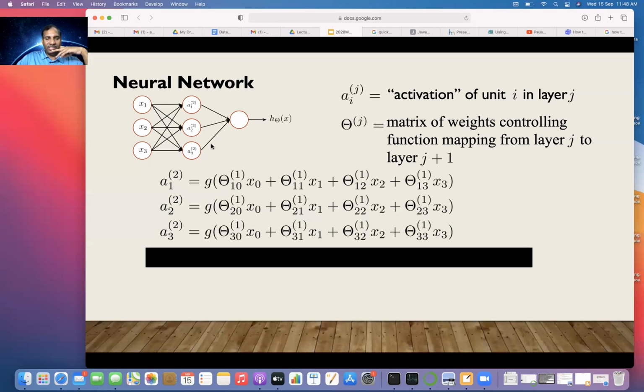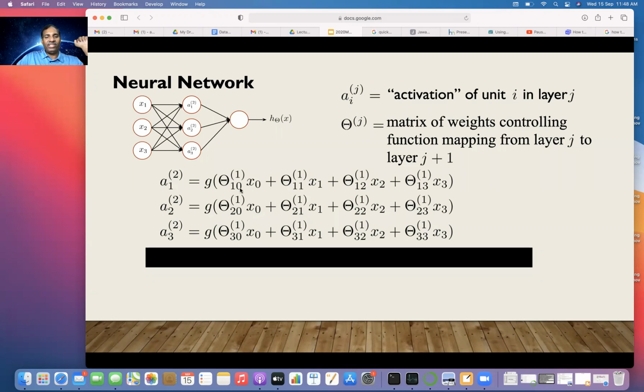This is unit 1 weights coming from previous layer unit 0, unit 1 weight coming from previous layer unit 1. The second subscript denotes which unit in the previous layer the weight is coming from. Then the first subscript is for which unit in the present layer you are getting this weight.